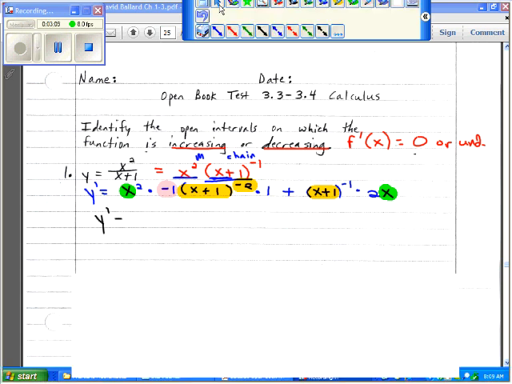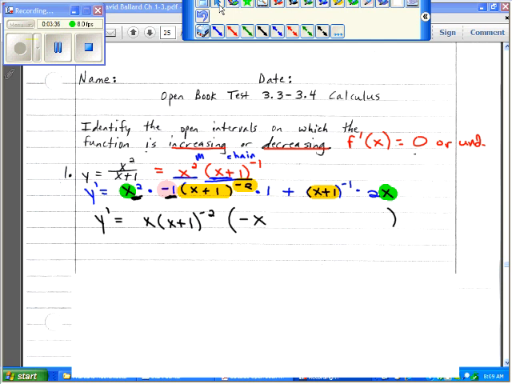We'll have y prime is equal to. So we're going to pull off an x and an x plus 1 to the negative 2. So we're going to leave that negative there. So when we pull that off, what we have left is one of the x's from here and the negative 1, so we have a negative x.